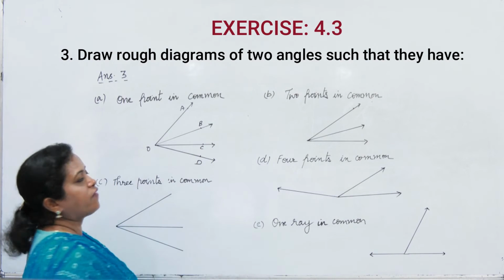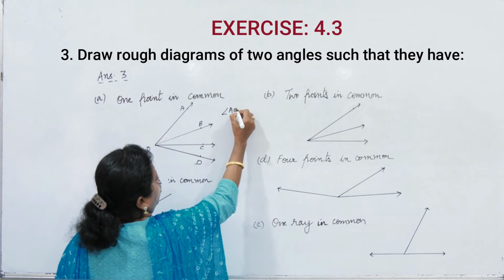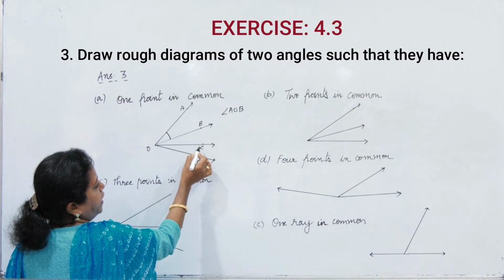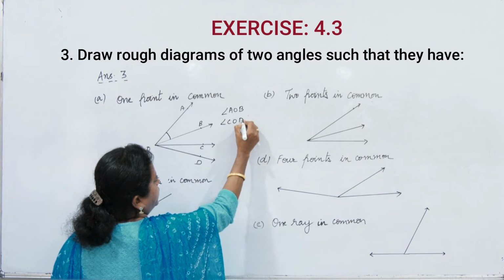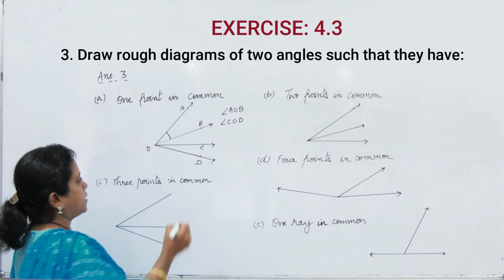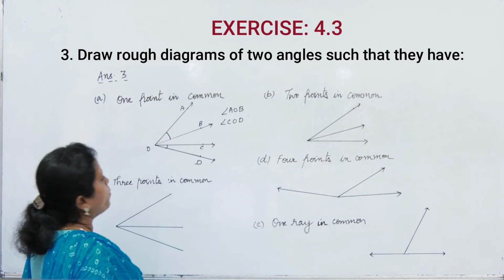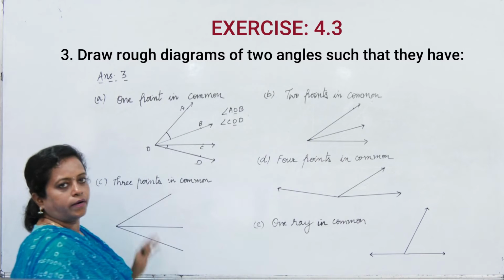So in this, if I take 2 angles, that is angle AOB, this is the angle I am mentioning, and the other angle as angle COD. In these 2 angles, that is AOB and COD, there is one point that is in common, that is point O. Clear?